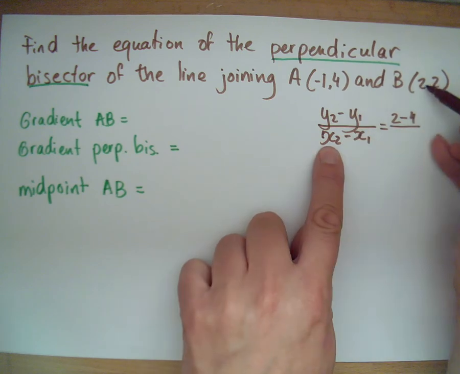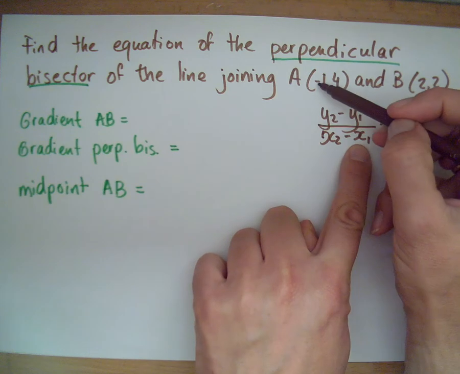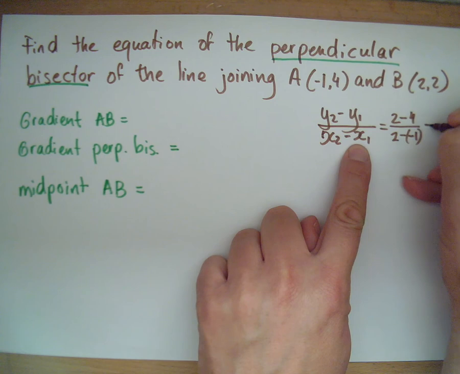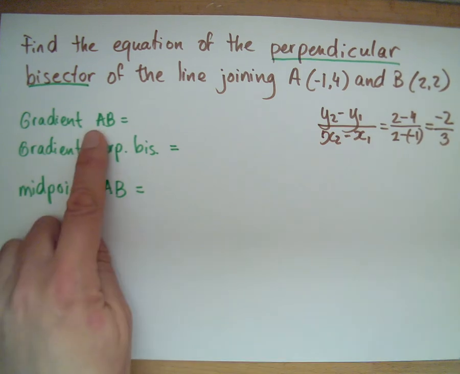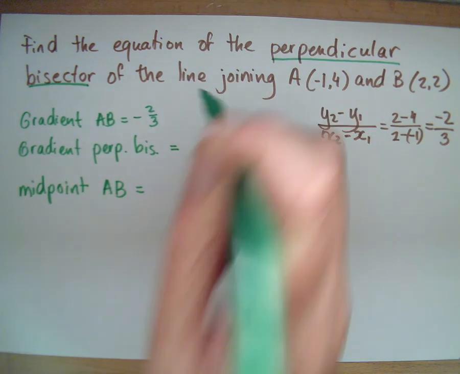The x value of the second point is 2. We're subtracting the x value of the first point, that's negative 1. 2 minus 4 is negative 2. 2 minus a negative 1 is equal to 3. So the gradient of AB is negative 2/3.